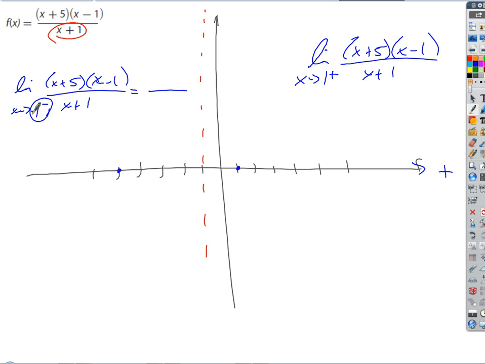What am I going to get on the bottom? 0. But not just 0, I have to know the sign. It's going to be 0 minus, right? Because it's going to be something like -1.1-ish plus 1. It's going to give me a little bit of negative left over, isn't it? So I'm going to get a 0 minus on the bottom.